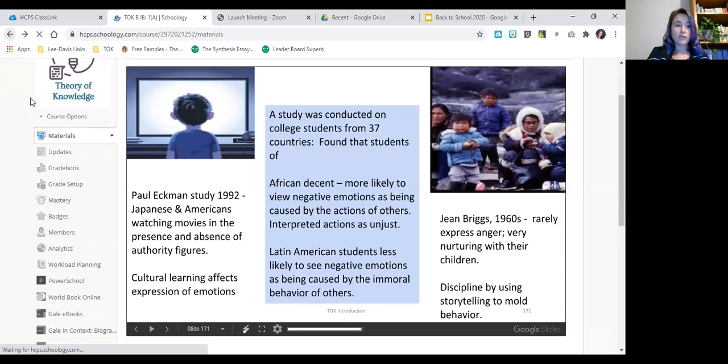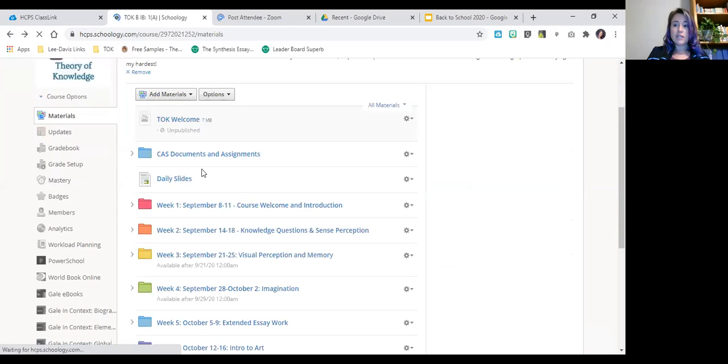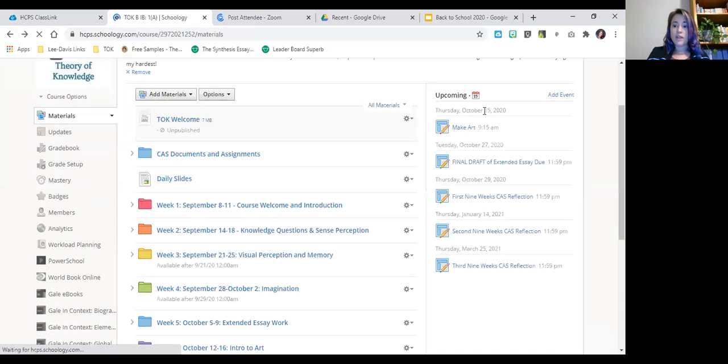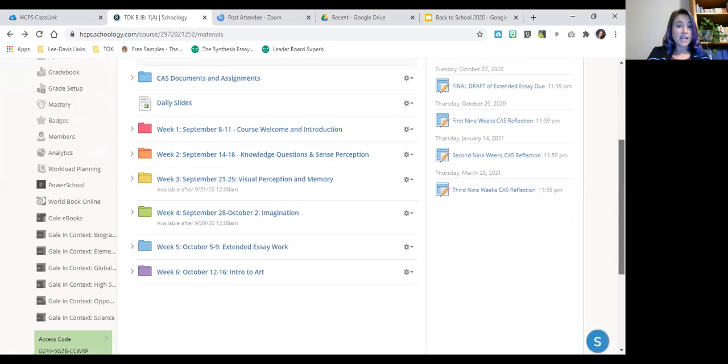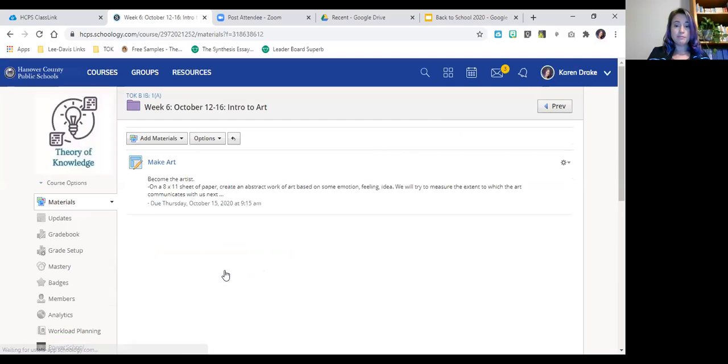If we head back over to materials, you can also see that our weeks are in folders, along with the date and the concepts that we're working on. And so this week, for instance, we started art. The homework that they have due this morning is they needed to make a piece of abstract art on an 8.5 by 11 piece of paper, using whatever supplies they had available to them.